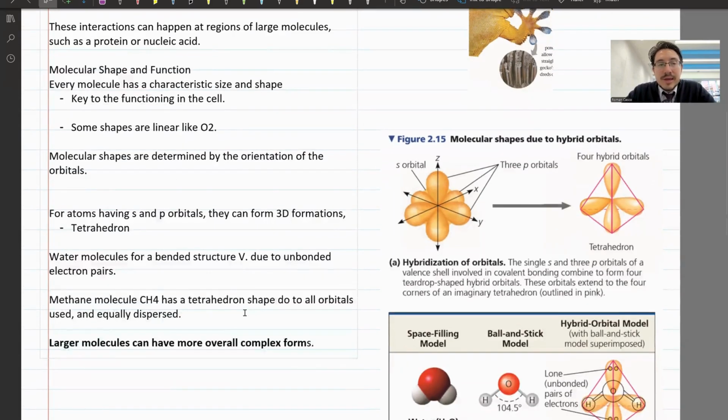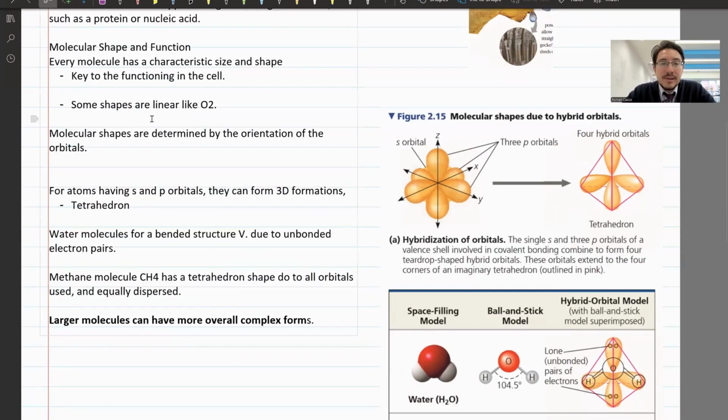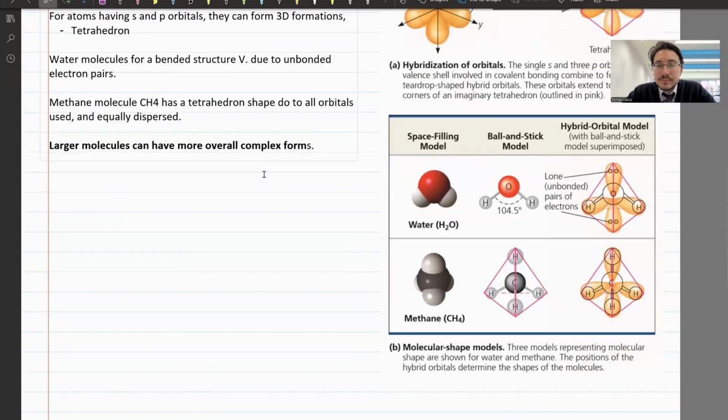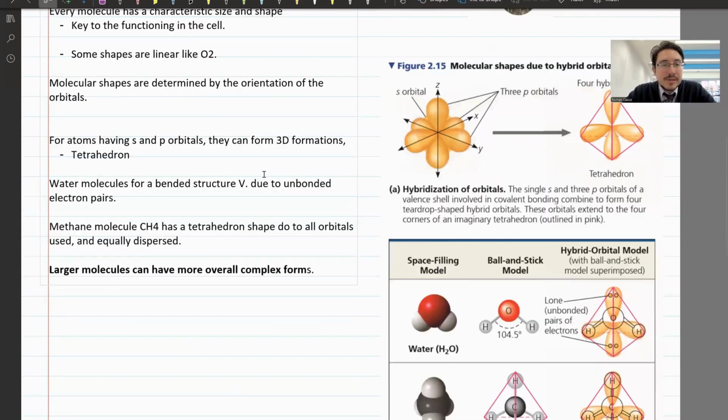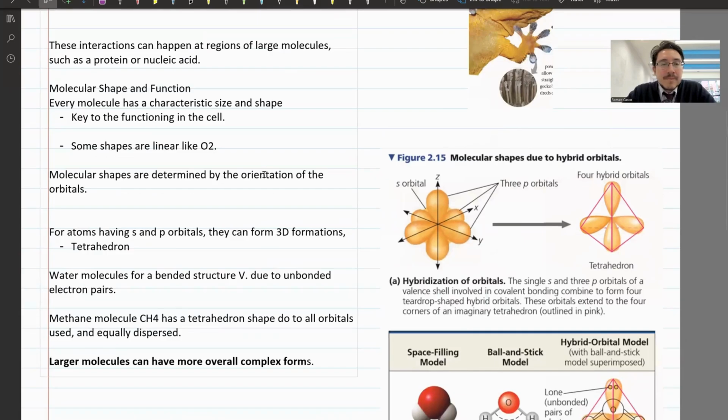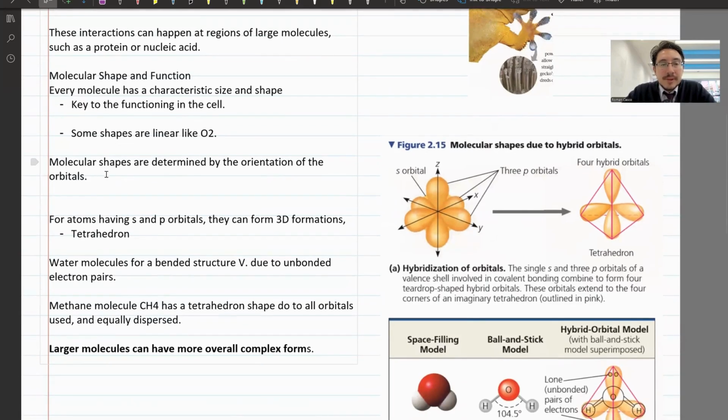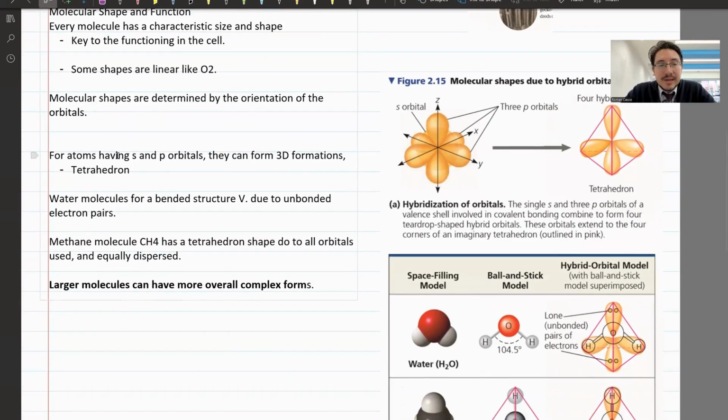Sometimes you can have linear shapes, like O2. The molecular shapes that different molecules have depend on the orbitals that you have. If you have atoms that have s and p orbitals and you have single bonds occurring, you have a 3D formation called a tetrahedron.